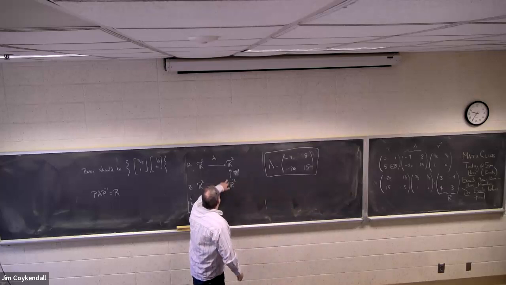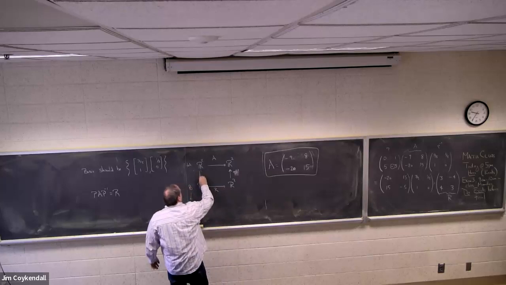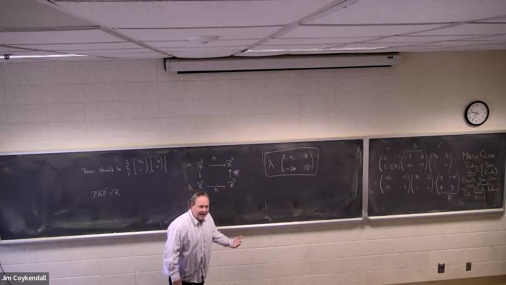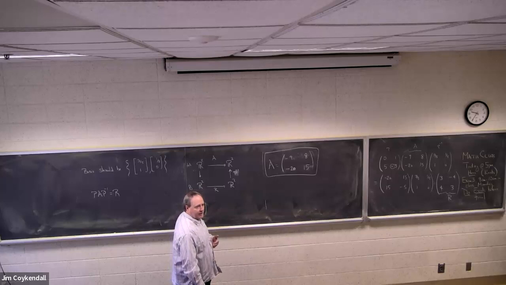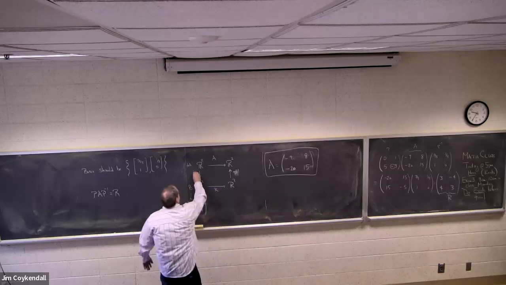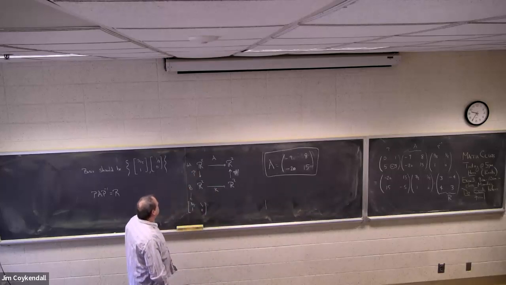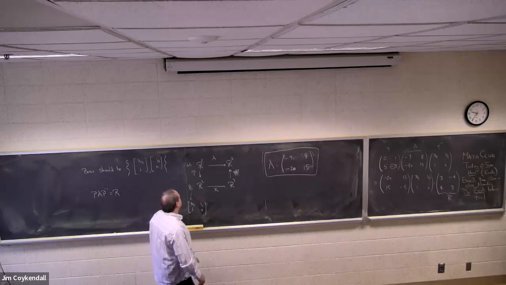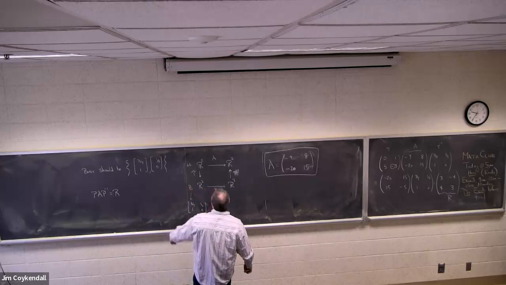P inverse should take B coordinates to standard, right? And what takes standard to B coordinates? The inverse of this, which is P, right? And so what you have here is, let's see which way did I do this.